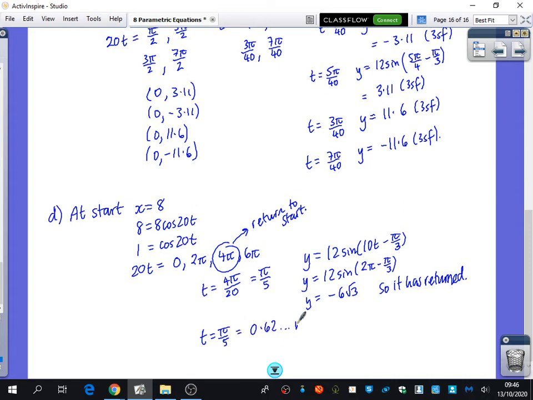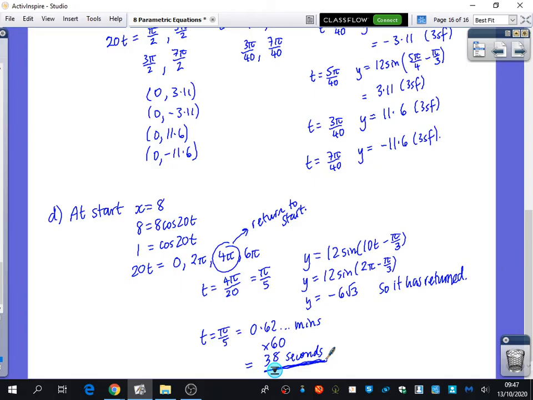So I'm going to multiply that by 60 so that I can understand it a bit better. And I get that that is 38 seconds. So it takes 38 seconds to do this overall loop.